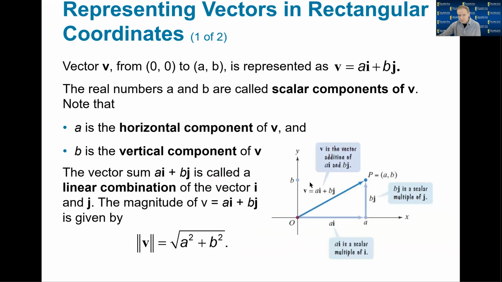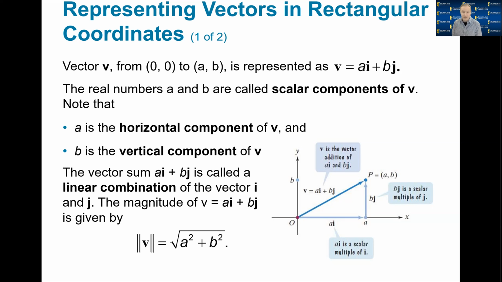Now, whenever we're representing vectors with these rectangular coordinates, we can say, well, then any vector from 0, 0 to any other point in the plane, a, b, can be represented by the vector v is equal to a i plus b j. Please again remember, i is going to represent the horizontal change, j is going to represent the vertical change.